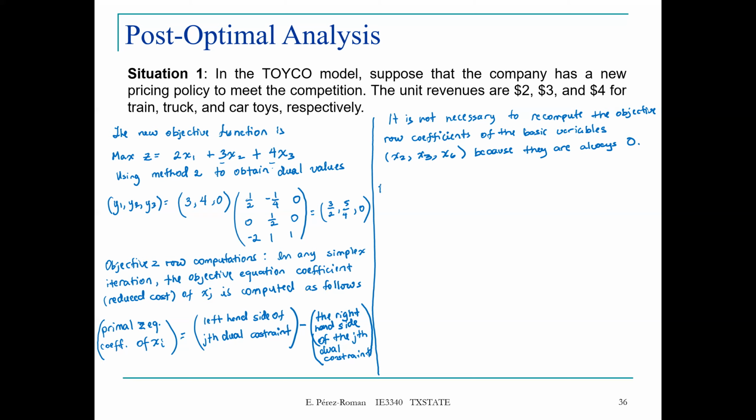So the reduced cost of x1 is going to be y1 plus 3y2 plus y3 minus 2, which is equal to 13/4.